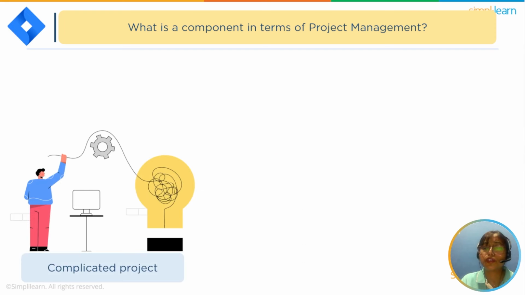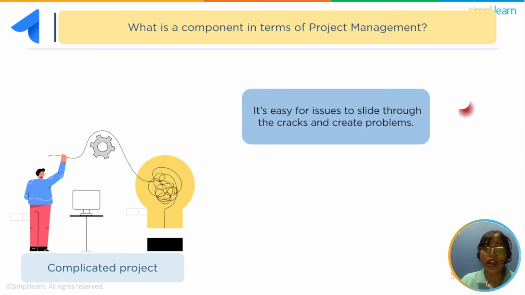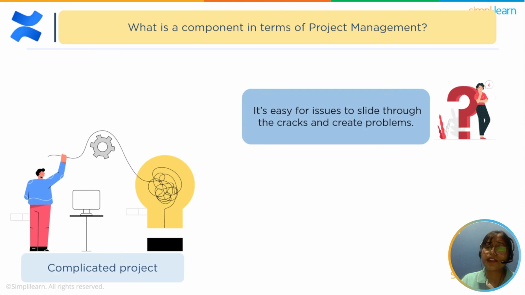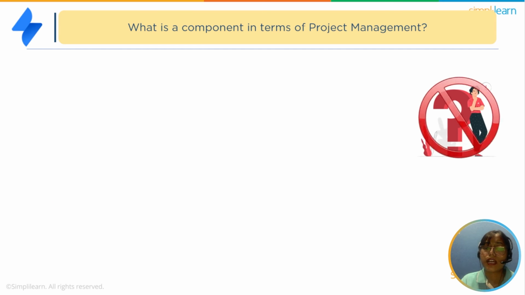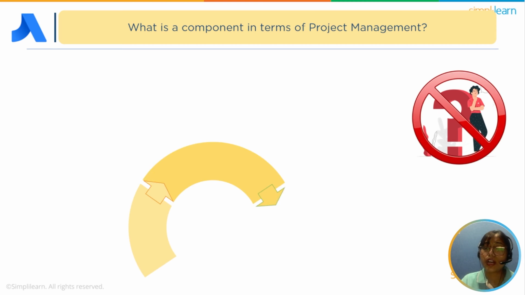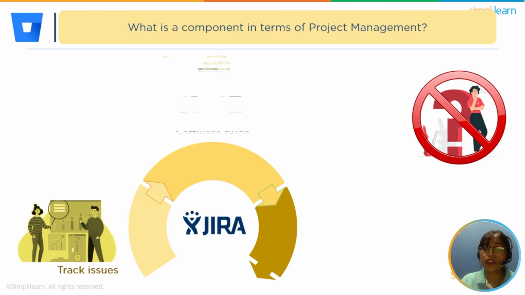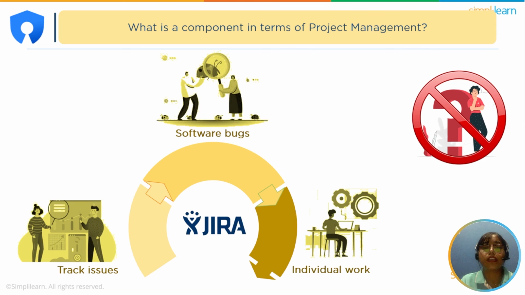It becomes too easy for things to slide through the cracks, have issues, and create problems. To overcome all this, the team uses Jira components to track issues, software bugs, and individual work.